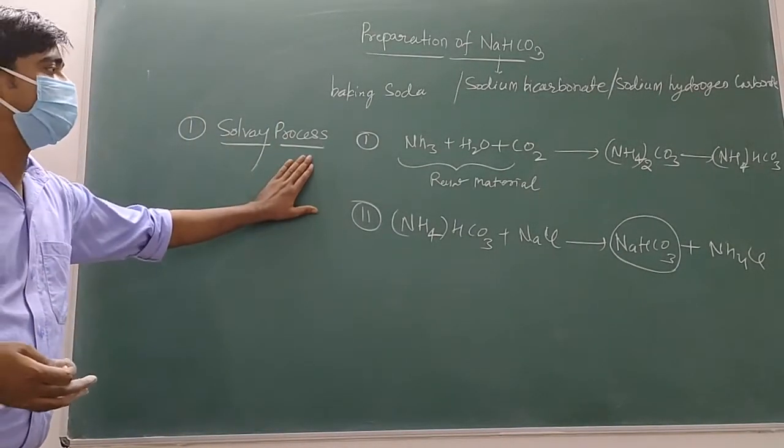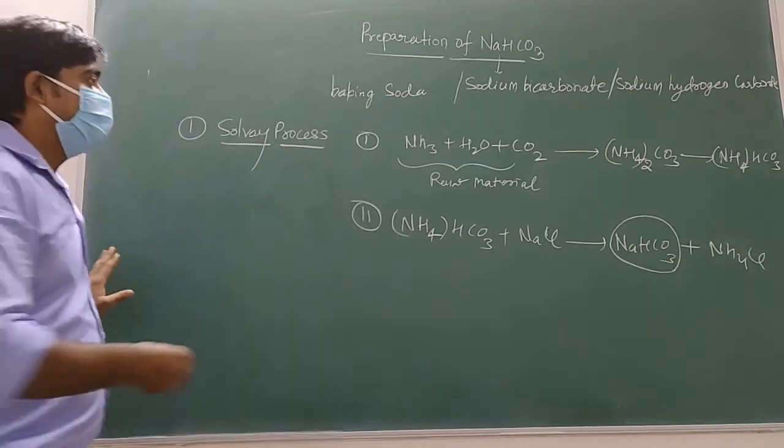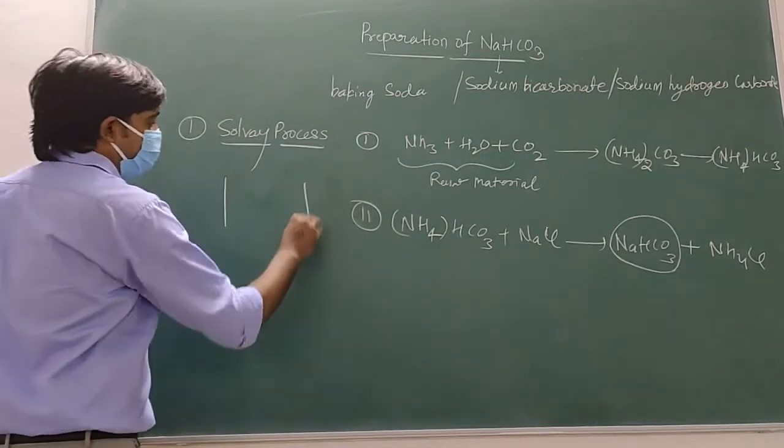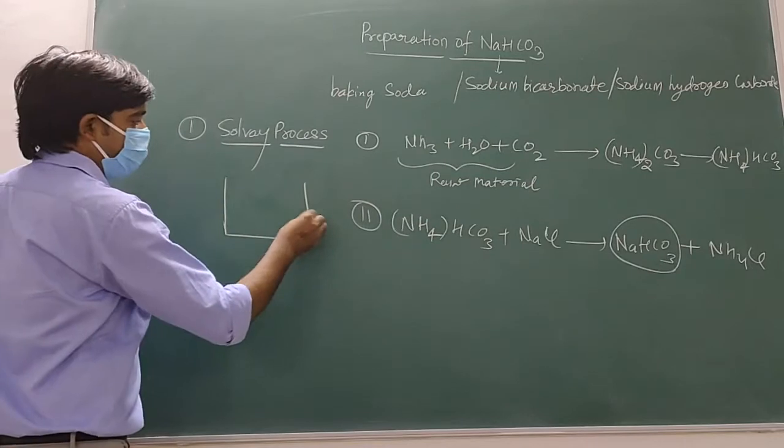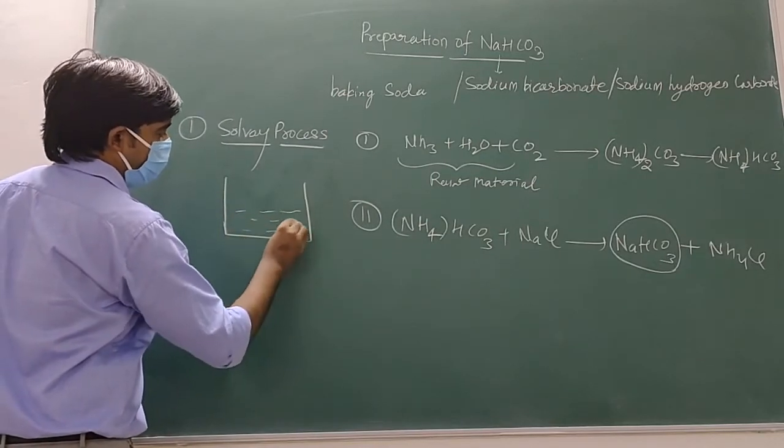So in the Solvay process, all the raw materials, NH3, H2O and CO2 gas, enter into a saturated solution of NaCl.